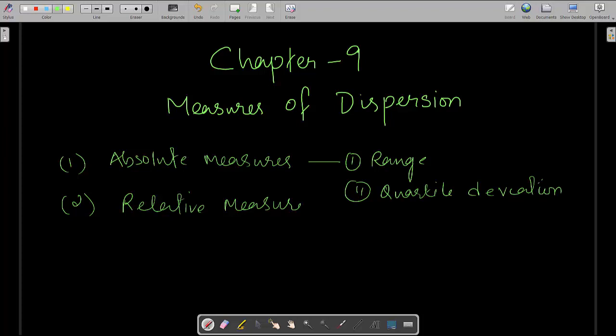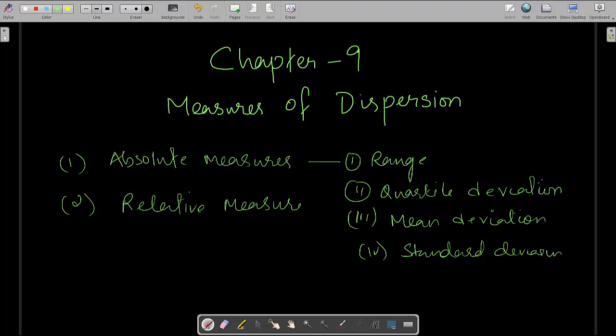The third one is mean deviation. And the fourth one is standard deviation. Okay, so these are the four absolute measures of dispersion: the range, quartile deviation, mean deviation and standard deviation.